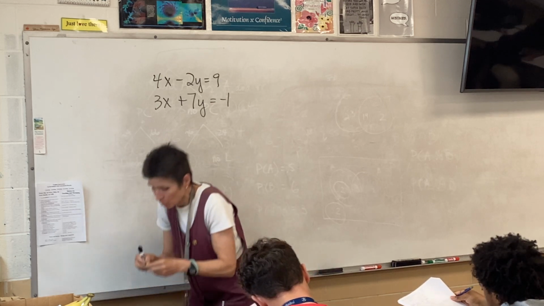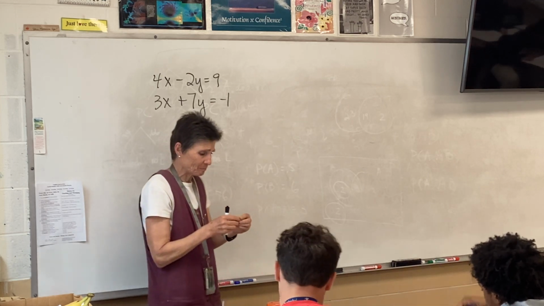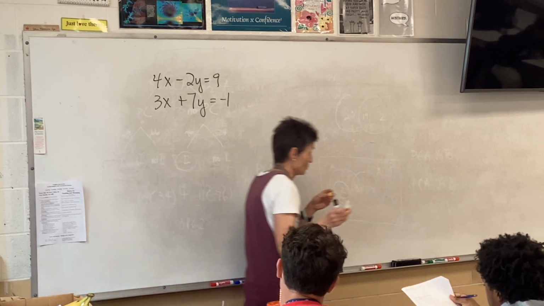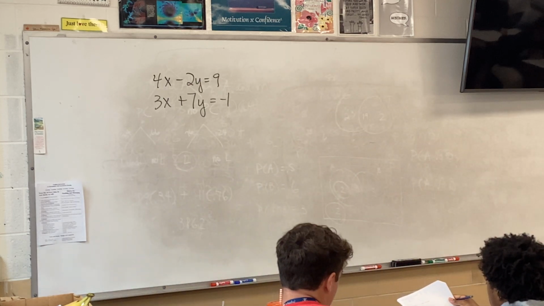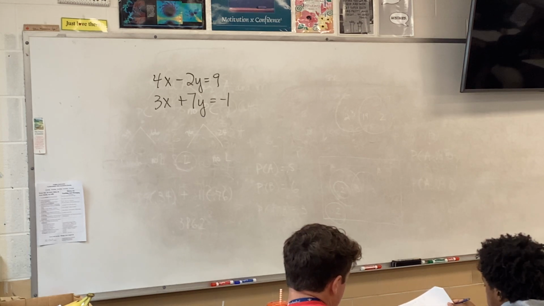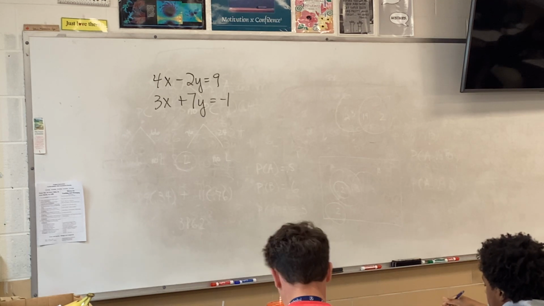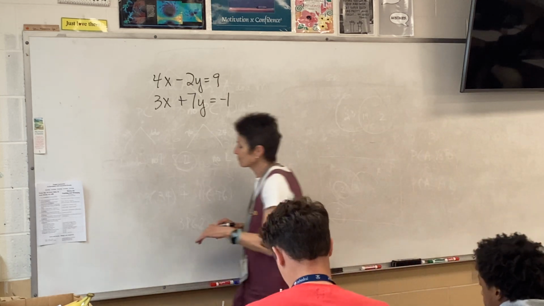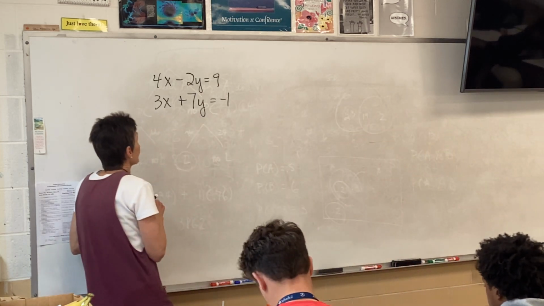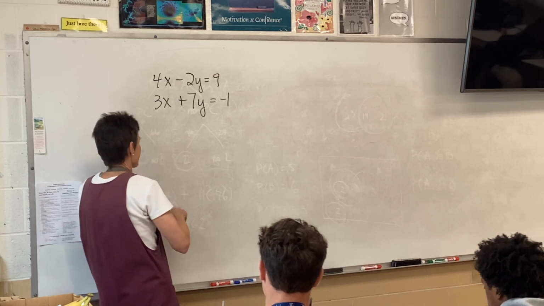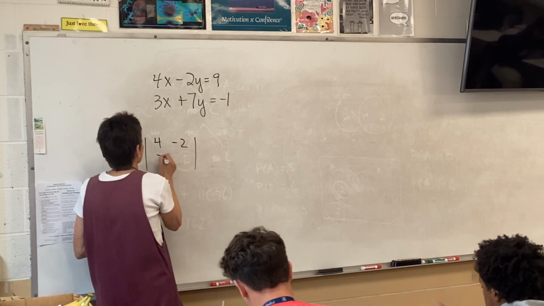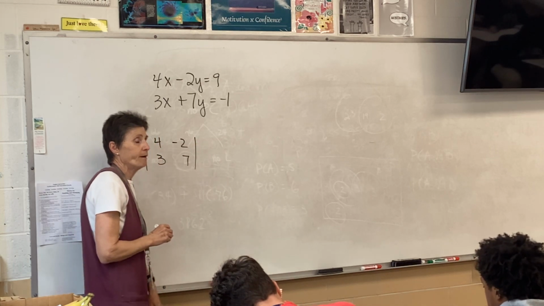So here we go. Who remembers how this works? No, the derivative is something else. Yeah, we got all these D words. Derivatives are what we do in calculus class a lot. But we're going to find the determinant of the coefficients.